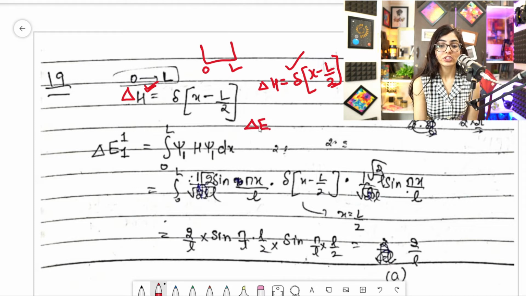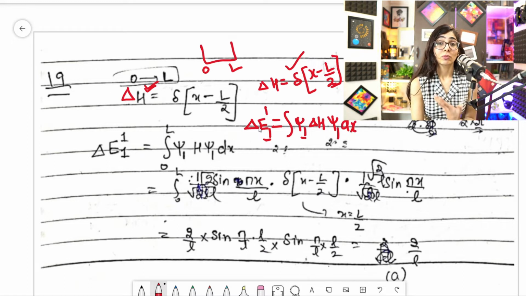The basic formula is the integral of psi 1, delta H, psi 1 dx, because the state is 1. Since it is a one dimensional box, the limits are 0 to L. I hope this is clear to you.